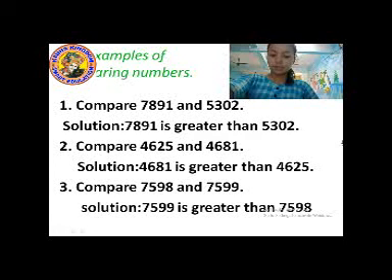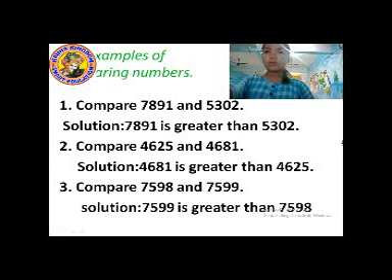In the tens place, 8 is greater than 2. So the number 4,681 is greater than 4,625.